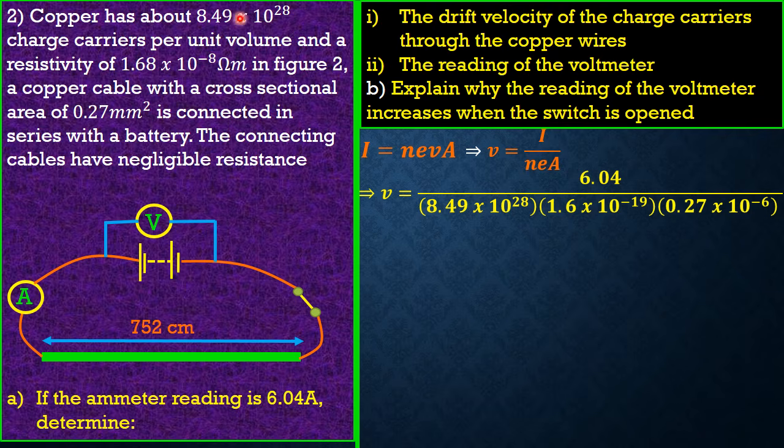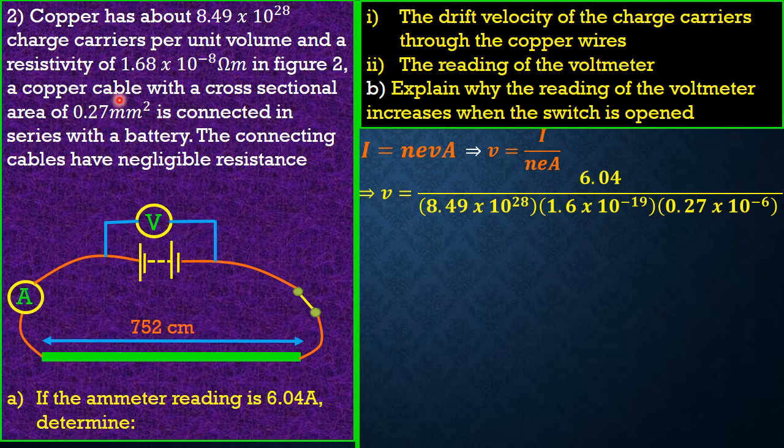Then our n, the number of charge carriers per unit volume, is 8.49 times 10 raised to the power 28. Then our e is the elementary charge of an electron, which is 1.6 times 10 raised to the power negative 19. Then our A, the cross-sectional area, is 0.27 millimeters squared. But we have to convert millimeters squared to meters squared.